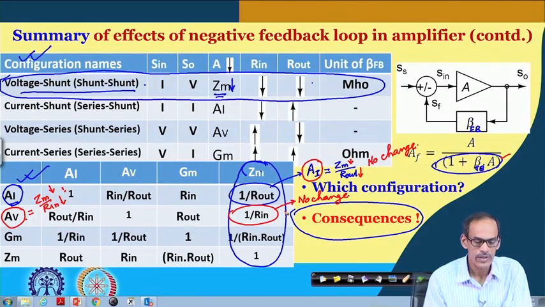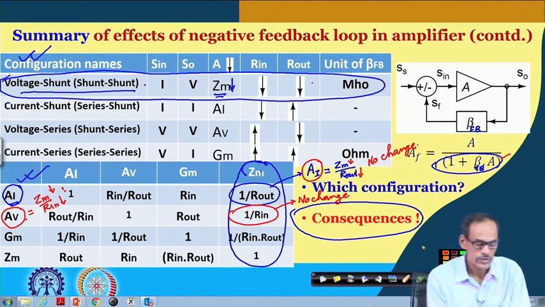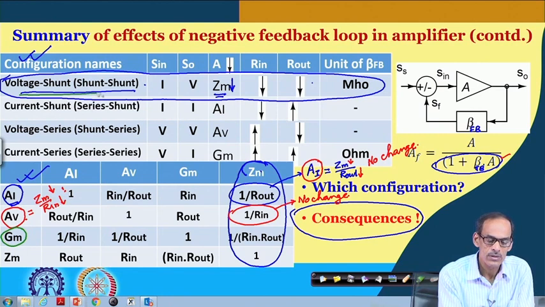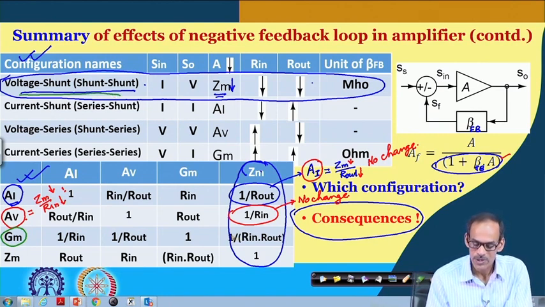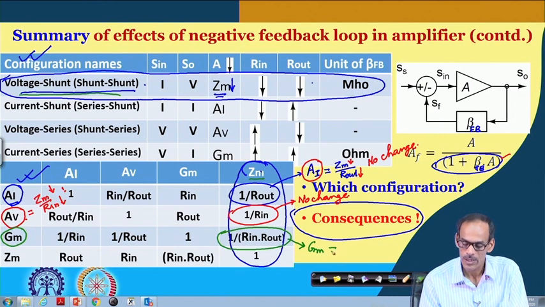On the other hand, if I consider transconductance, the conductance of the circuit under this configuration can be expressed in terms of Zm, R in and R out. The transconductance of the circuit, Gm, equals Zm divided by R in and R out in the denominator.